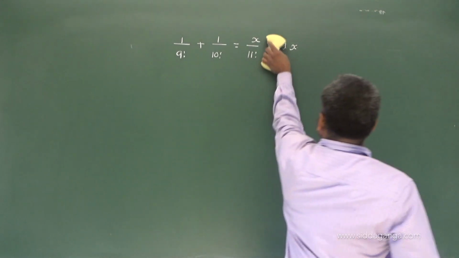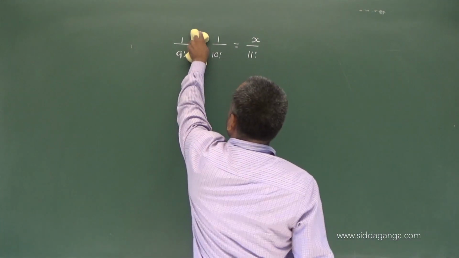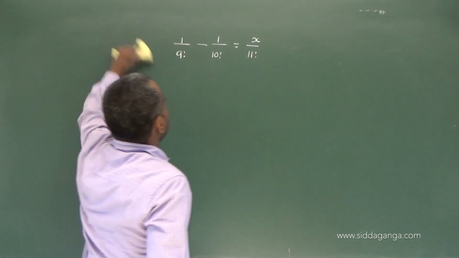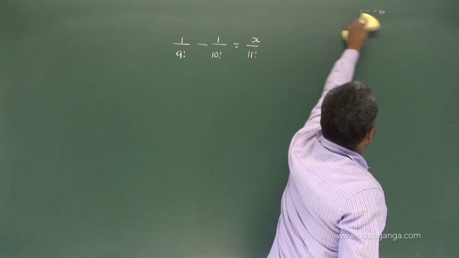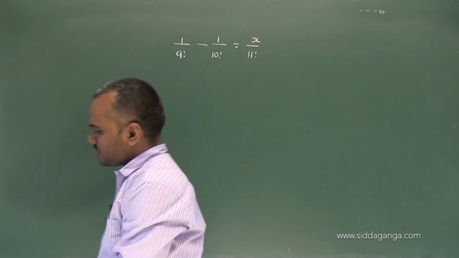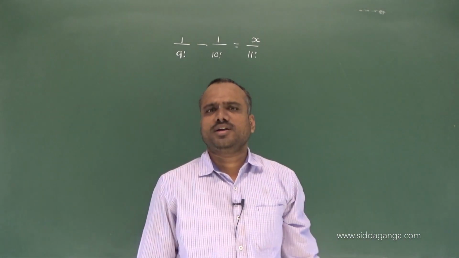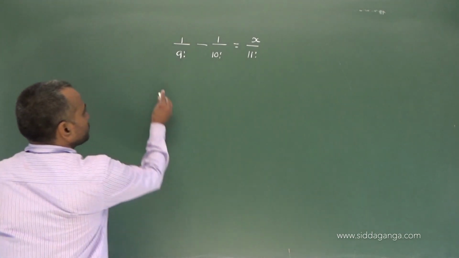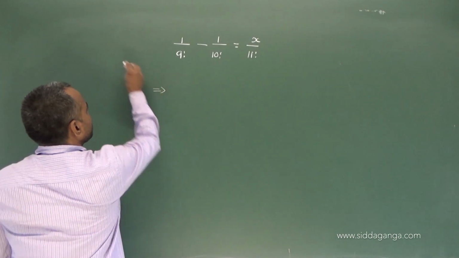Not plus, sorry, here it is minus. 1 divided by 9 factorial minus 1 divided by 10 factorial is equal to x divided by 11 factorial. Same concept. This is given.